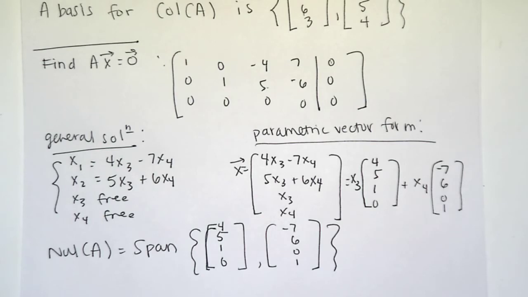So now that we see what the null space is, I have a question. I want to know how many vectors will form a basis for our null space.